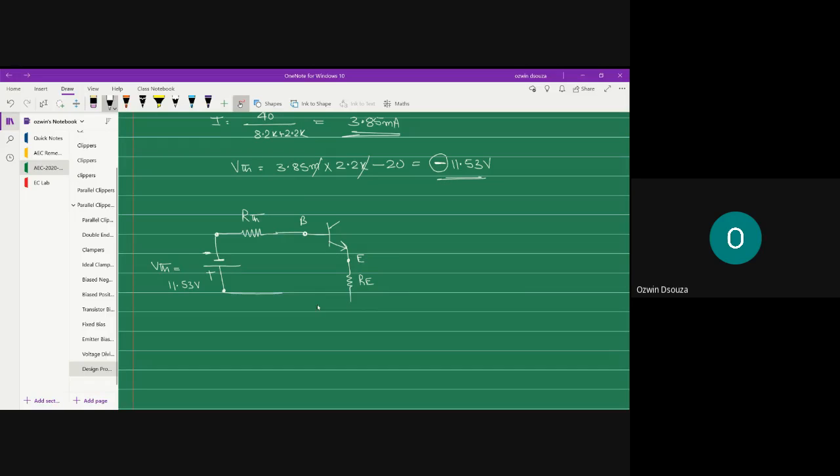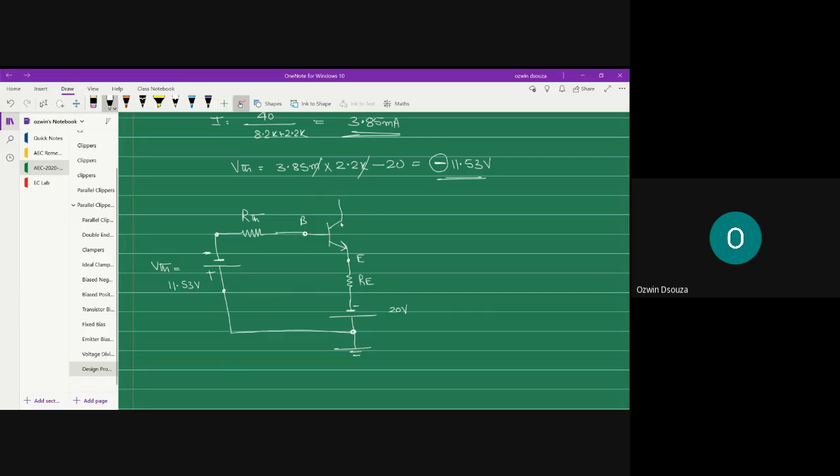The other end of RE is connected to the negative terminal of the voltage source, and the voltage source value is 20 volts. The positive terminal is grounded. The positive terminal of VTH is connected to ground. All right, so that completes the input circuit.